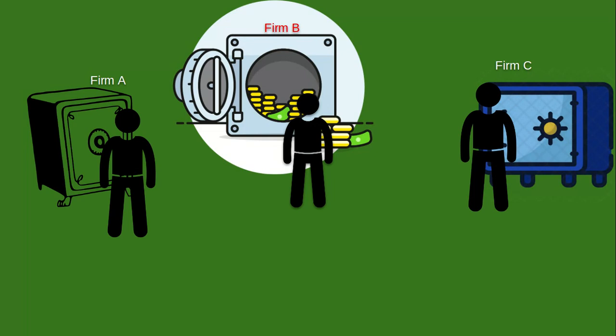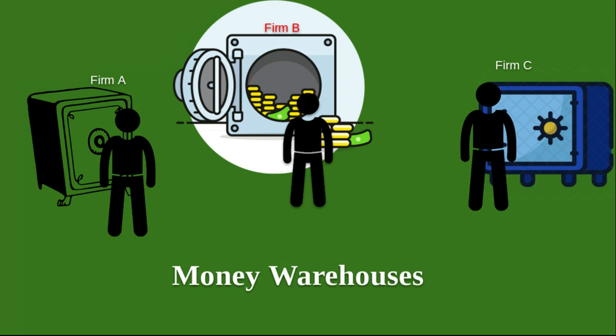So let's say in this market there are three firms: firm A, firm B, firm C, and these are what Rothbard called money warehouses. So they would function just like a warehouse. You store something with them, and then they hold on to it for your period of time until you want it back, right?